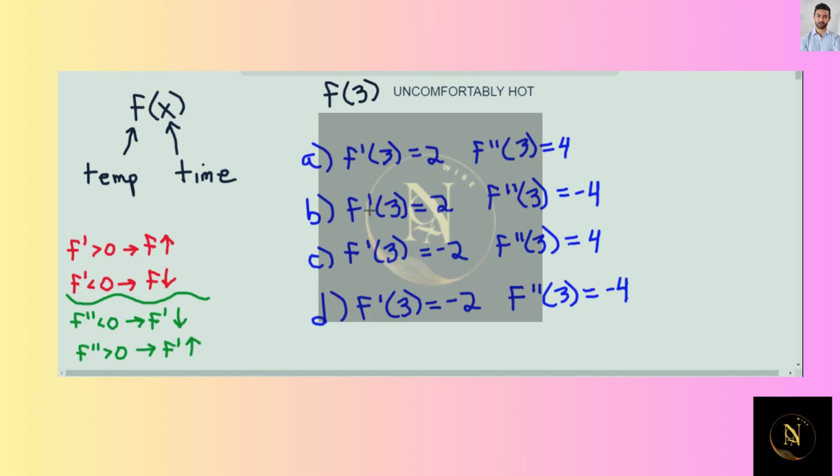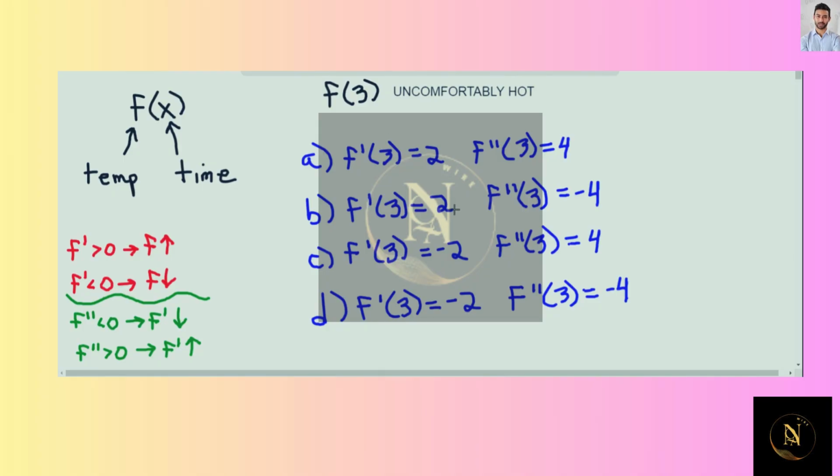So not to confuse you, okay, F of 3, you're uncomfortably hot. Looking at part B, F prime at 3 is a positive 2. If F prime is positive, that means your function is increasing. So F of 3, the temperature at 3 hours, you're already hot.